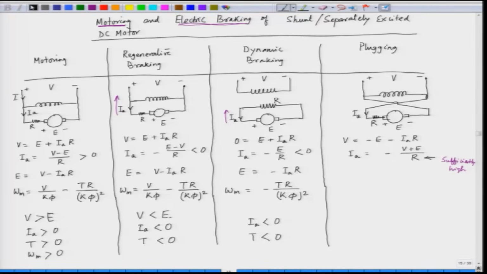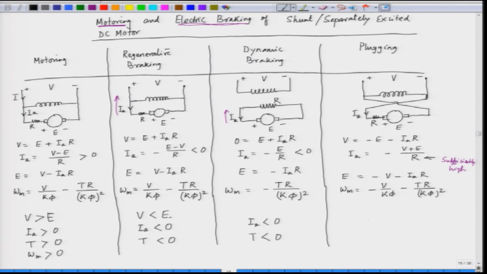Now, if we see the equation for the back EMF, the back EMF is equal to minus V minus IA R, or from this, omega m is equal to minus V by K phi minus T R by K phi whole square. Now, this is the equation for plugging.